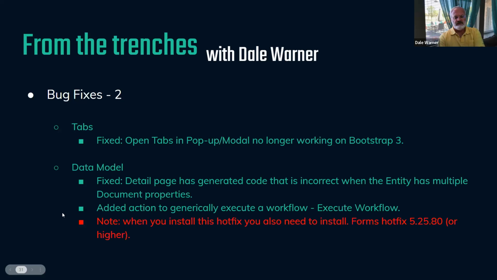So that's potentially useful as you're doing dynamic code. And this one comes with the warning that you have to install that other one via the previous hotfix I mentioned, 5.2580 of forms or higher. And so that gets into, you still have to investigate the context behavior question that I mentioned.